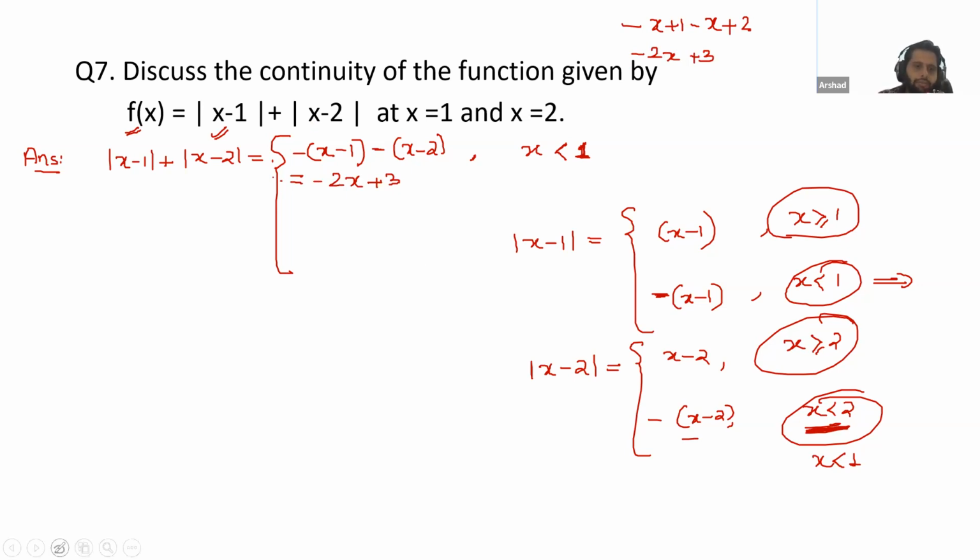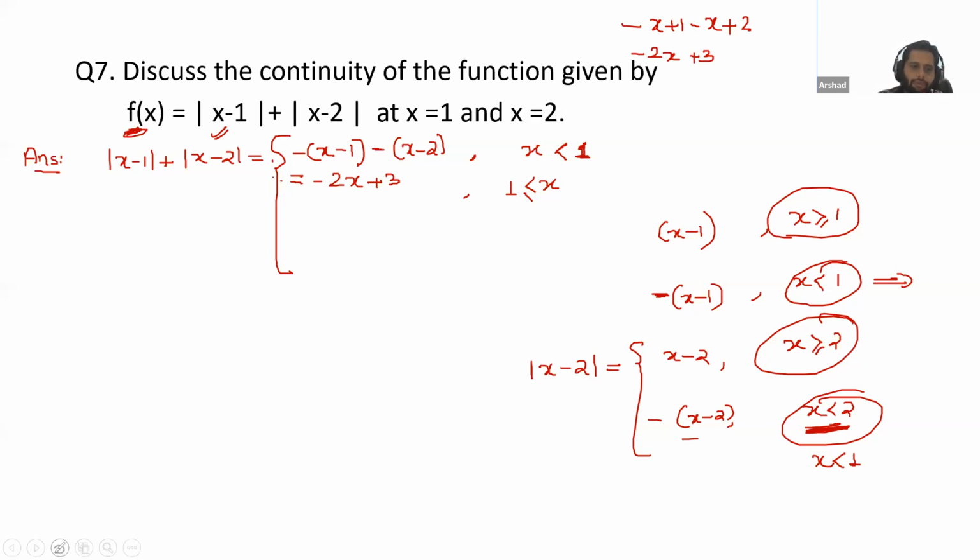Now, the next value which we will take: x less than 1 we have taken. Now we will take x is greater than or equal to 1. Who can tell me, for x greater than or equal to 1, this first part, modulus x minus 1, will be positive or negative? Positive.